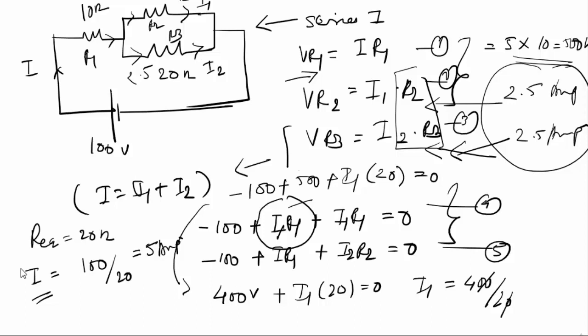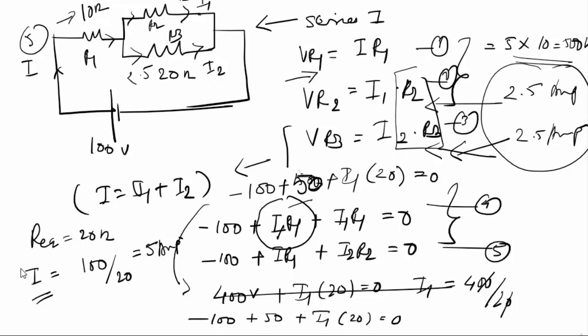What is this? I R1: my I is 5 and my R1 is 10, so this is 50. So what I'm getting here is minus 100 plus 50 plus I1 into 20 equal to 0.